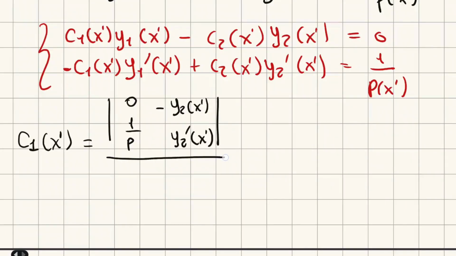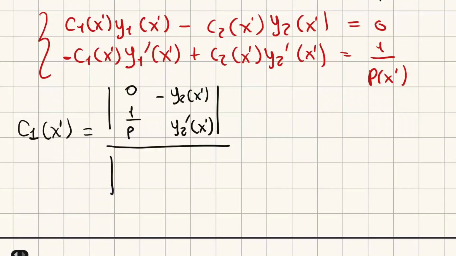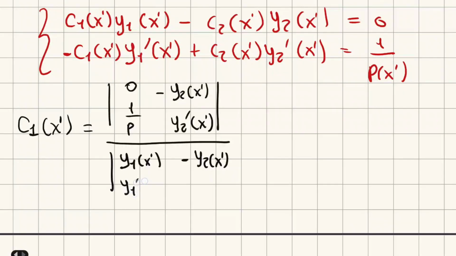And this is divided by the determinant of the coefficients. So that will be y1 of x prime, minus y2 of x prime, y1 prime of x prime, and then y2 prime of x prime. And I think that there is a minus sign here.